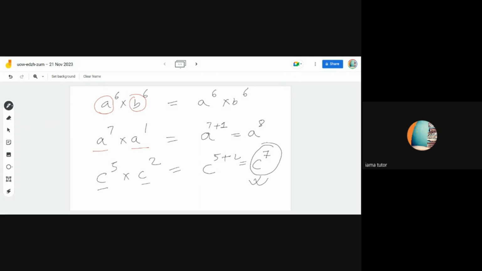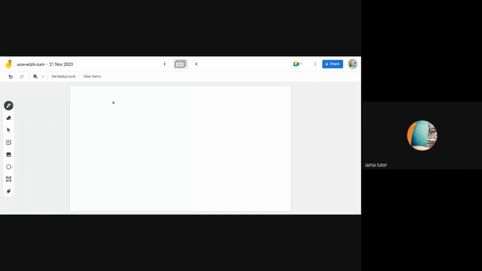All right, now let's see some division questions. Let's say you got a raised to power 2, b raised to power 5 divided by a raised to power 1 and b raised to power 3. Now we will see how to do this. If you want to divide any two indices, your bases should be the same.